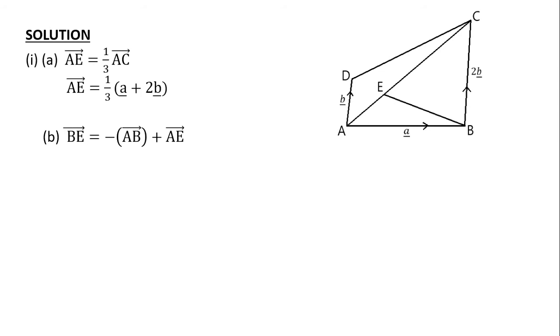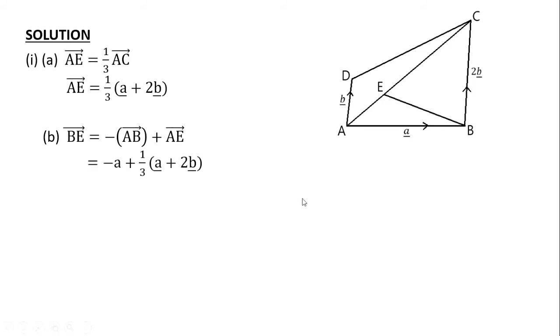Vector BE equals a negative vector AB, because we are moving from B to A. If AB is positive, it means BA is negative, plus vector AE. Now the question is saying AE to AC equals 1 to 3. So vector AE is 1 over 3 of AC.